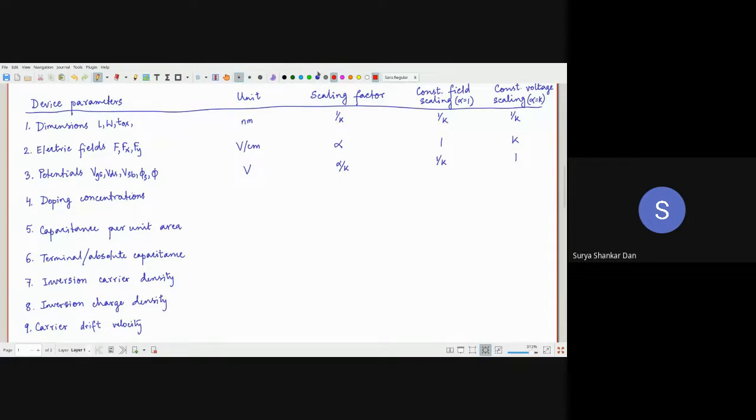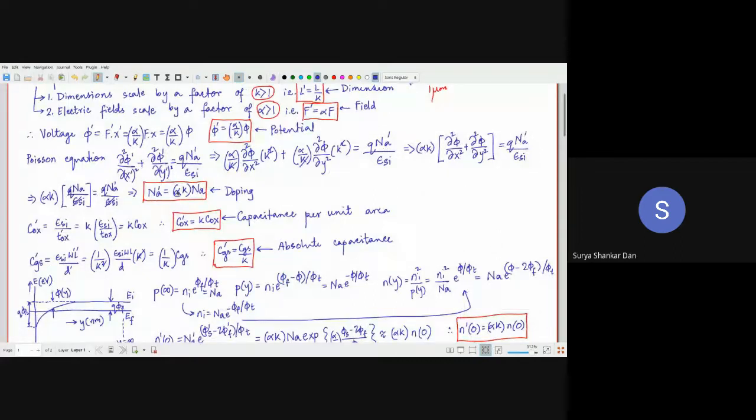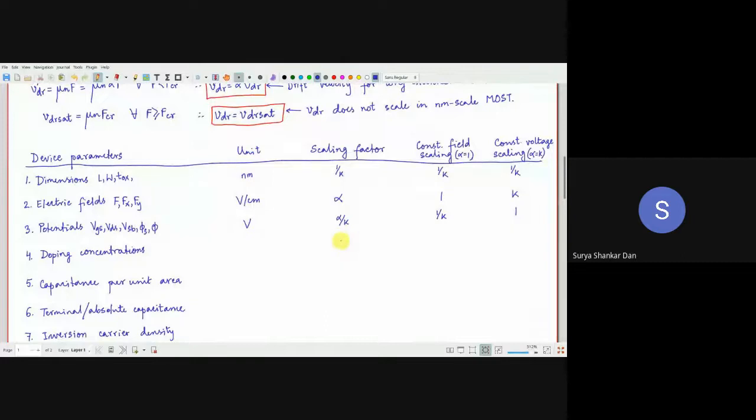Okay. Now, let's talk about the doping concentration. What was the doping concentration scaling factor? Alpha K. Correct? Here we write alpha K. This is doping concentration per centimeter cube as usual. Now, for constant field scaling, alpha is equal to 1.